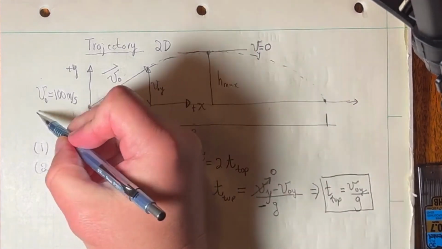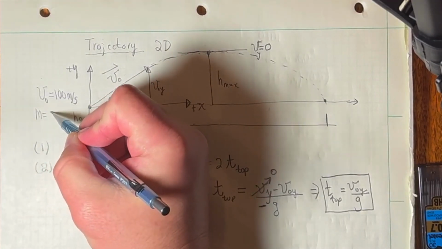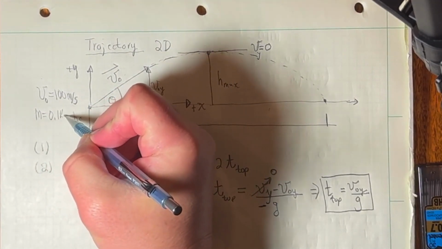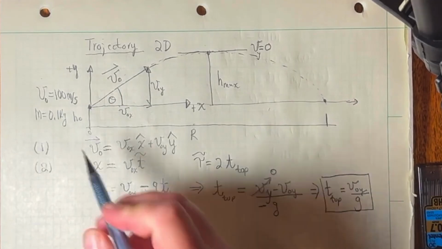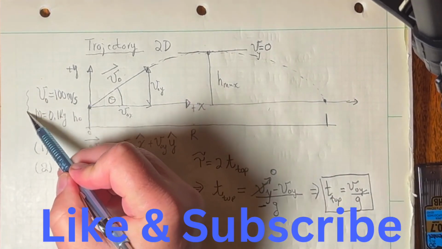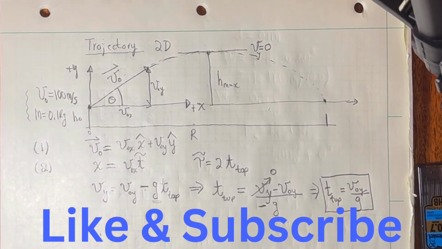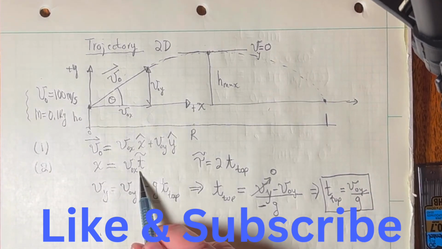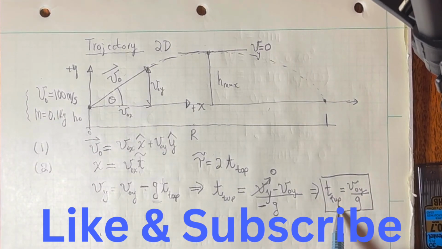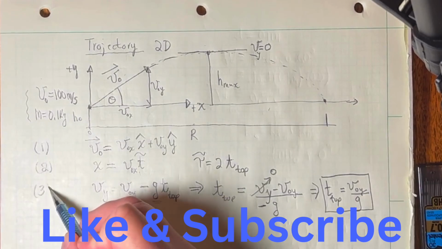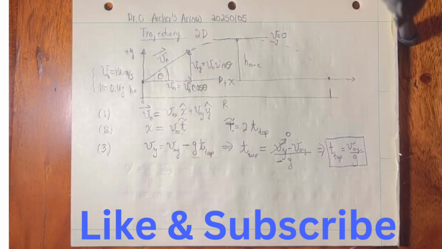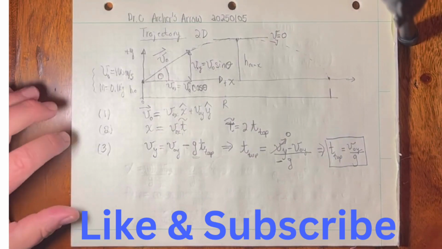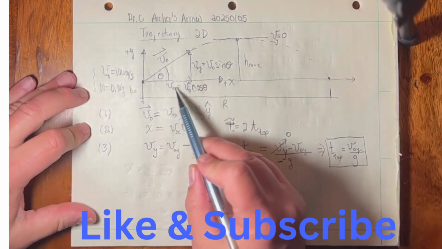So let's assume the mass is 0.1 kilograms as well. So let's take this as the initial conditions. So what are we going to do now? Let's compute x in equation 2 using this time from equation 3. Now that we have the time to the top, let's compute the range.